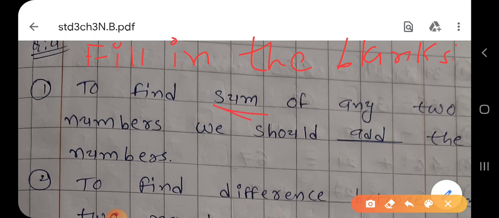So sum means what? Addition. So to find the sum of any two numbers, we should add the numbers. So the answer of 1 is add. In the blank write down add.